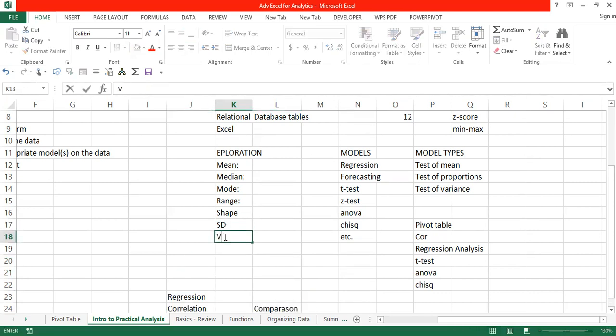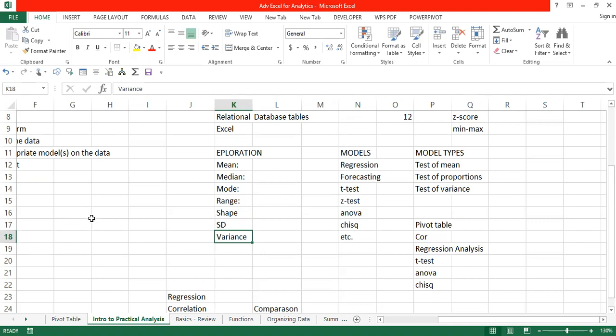You remember? That's variance. The square of standard deviation is variance.